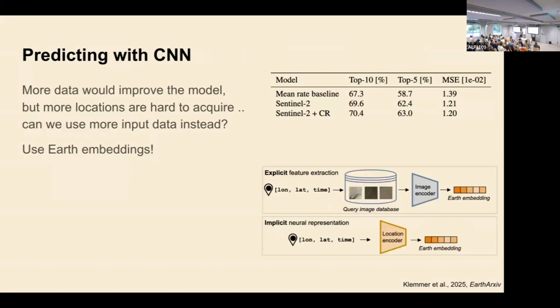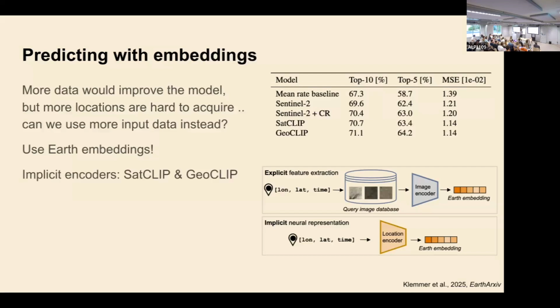And there's kind of two classes of Earth embeddings. One, what we call implicit representations, that learn to map coordinates to an embedding, and secondly, explicit representations that take data attached to a coordinate and map it to a representation. So we tested a few different models.